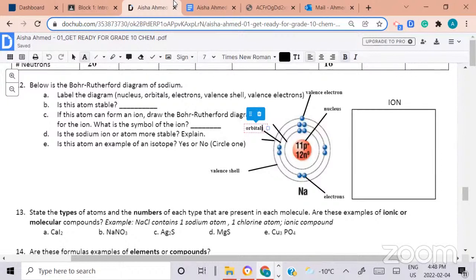Yes. Basically it would have a full valence shell. That's the best way to express it. As we can see, there's only one electron in the valence shell, which means that it is unstable because a full valence shell would have 8 electrons.